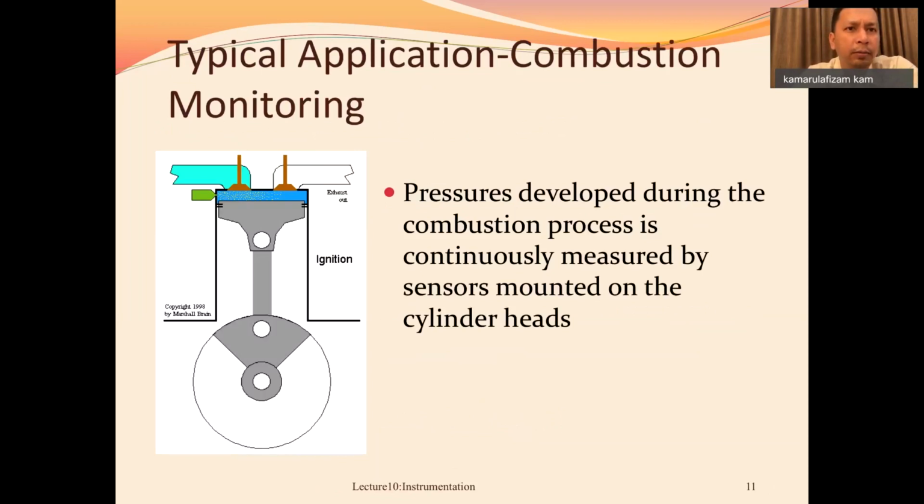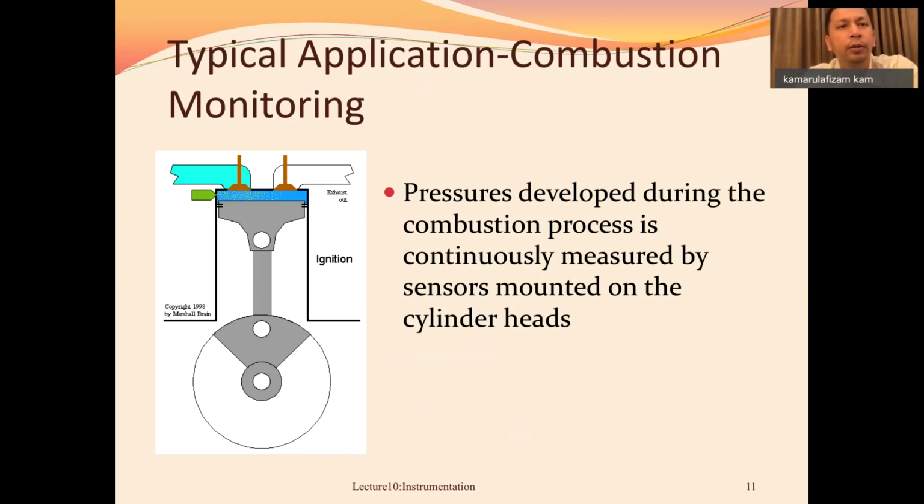Because it's about the internal combustion engine, you can put piezo material to sense the pressure in the combustion chamber, because the piezo sensor is very robust. It can withstand very high pressure and high temperature too, and is very stable and very linear.